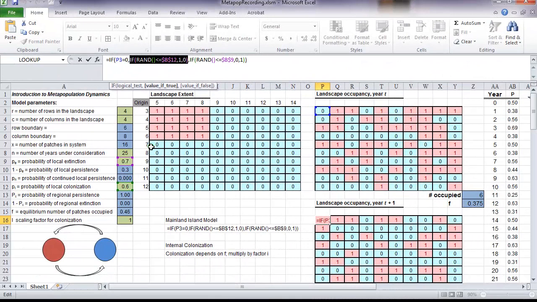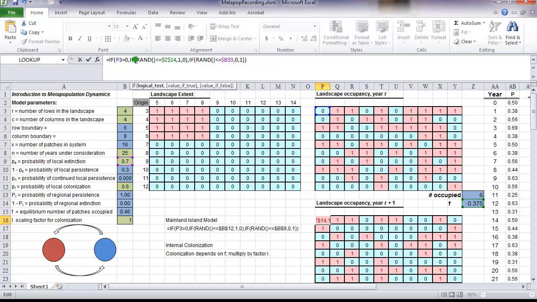Well, the easiest thing you can do is just replace the reference to cell B12 with the fraction of patches in cell Z14. So let's do that. I'll move this over to my fraction of patches.